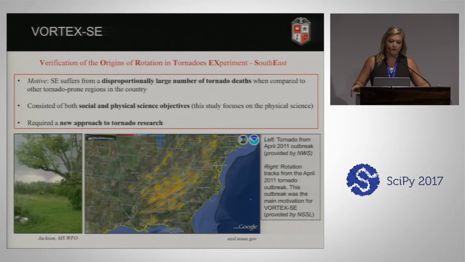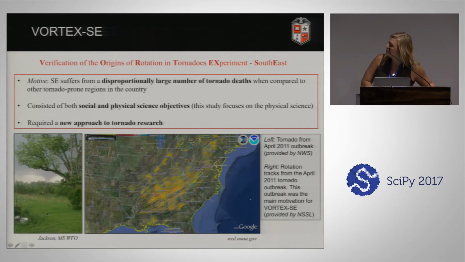But being in the southeast, this required a new approach to tornado research. I'm not sure if you can see my cursor or not, but here I have a picture of the tornado tracks, the rotation tracks that went through the southeast in a big 2011 outbreak, a very famous tornado outbreak that mainly motivated this study to happen.